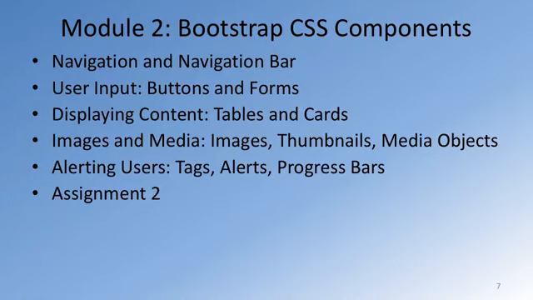Then we'll look at how we can include images and media into our web page using images, thumbnails, and media objects. And then finally, we'll look at how we alert users using tags, alerts, and progress bars. This should lead you up to your second assignment.